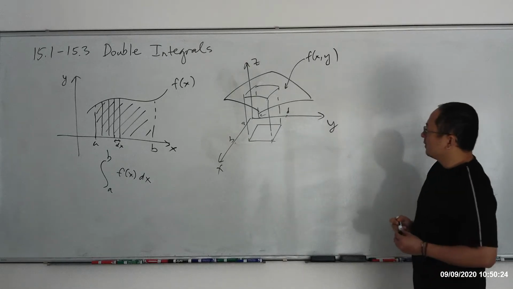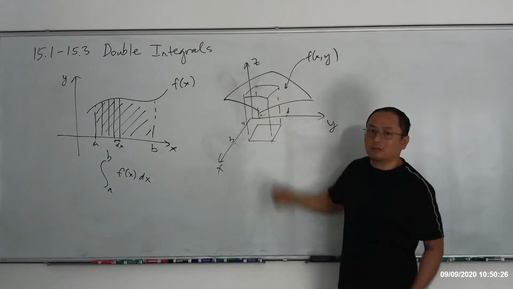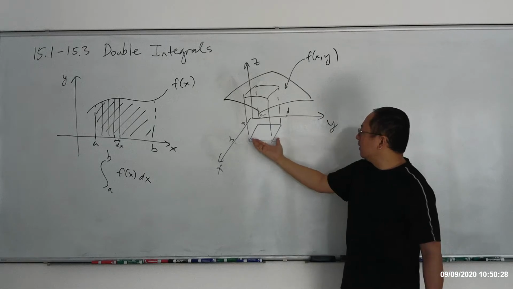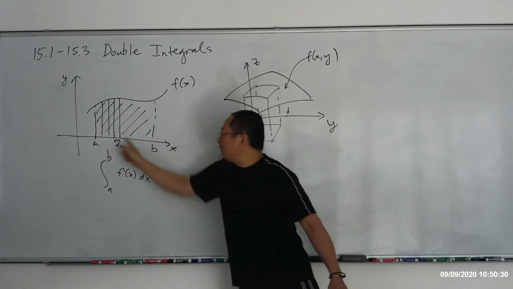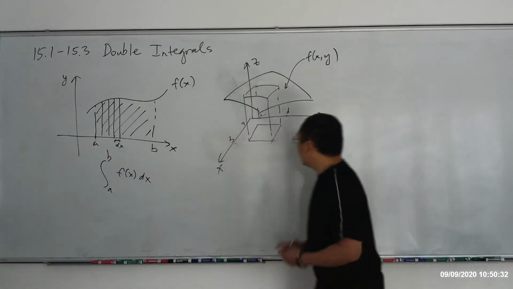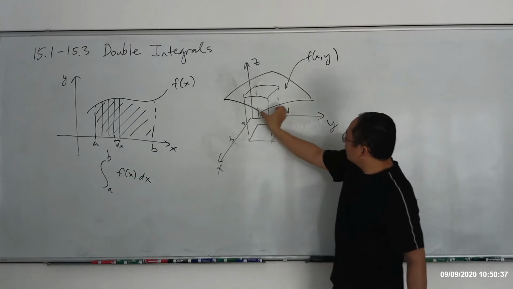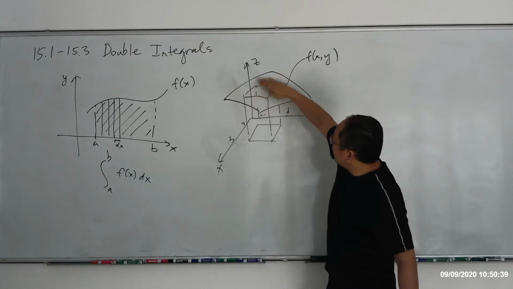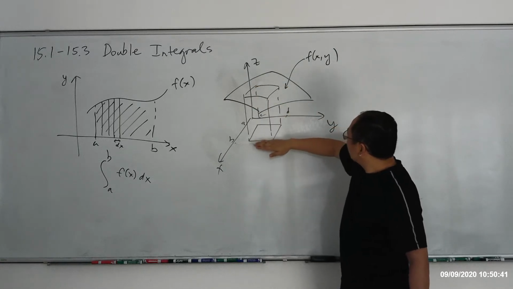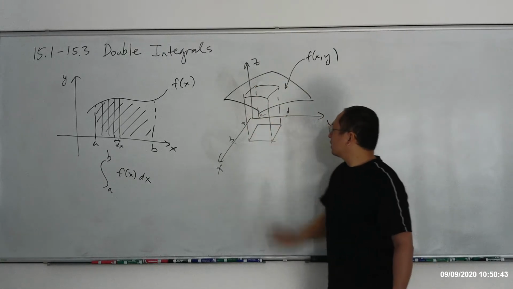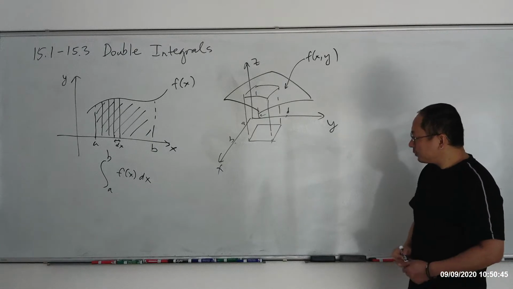This is the volume of that big column that you have right here, and the base is the region. Instead of a to b for a one-dimensional space, we have a to b for x, and then c to d for y. And you see the column right here, bounded above by the function, below by the xy-plane, and the rectangular shape. That's the idea.